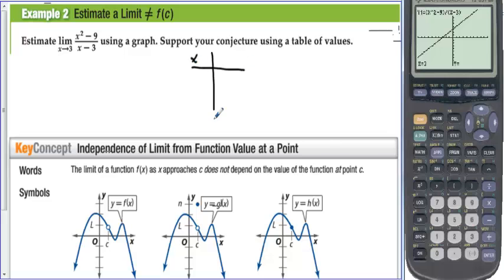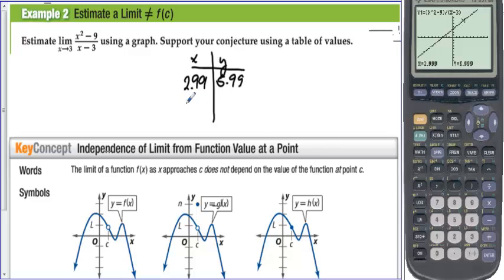X, Y, and we can't plug in 3, but we can plug in something close to 3. How about on the left-hand side? 2.99. Roughly 5.99. So 2.99 gives us 5.99. How about 2.999?